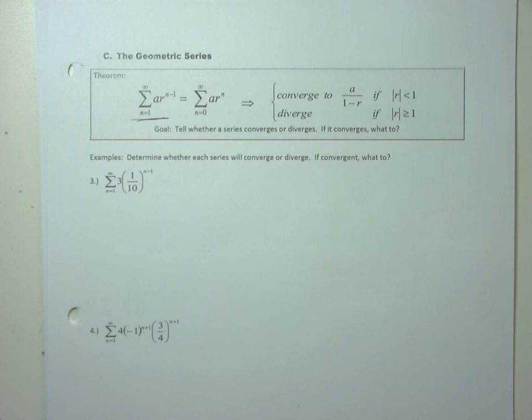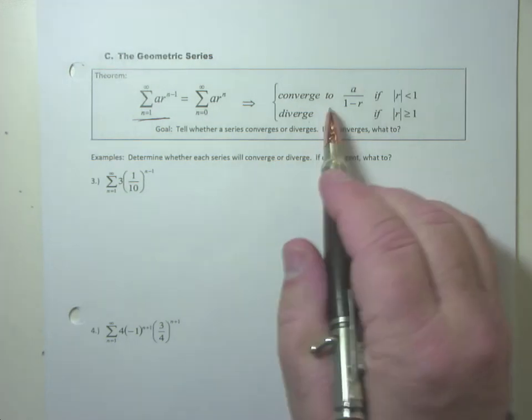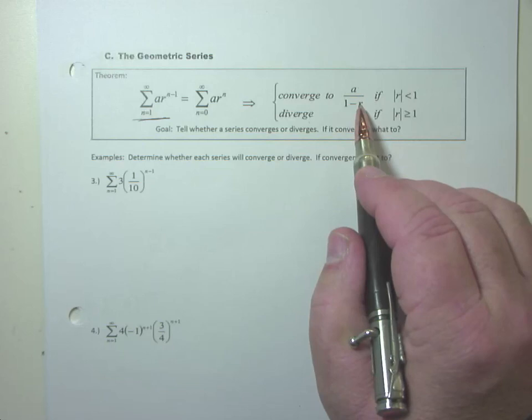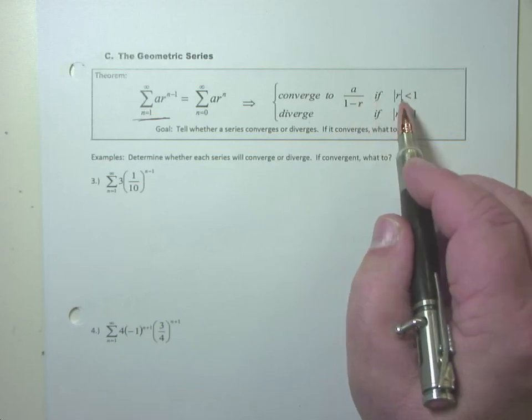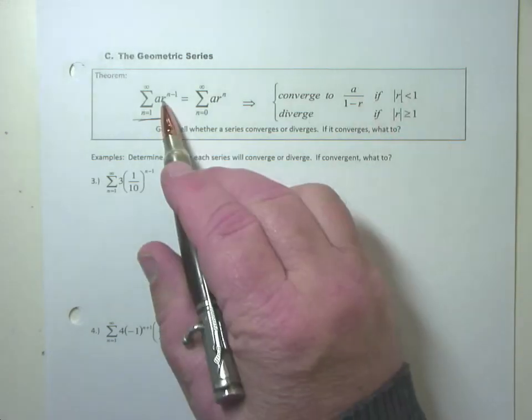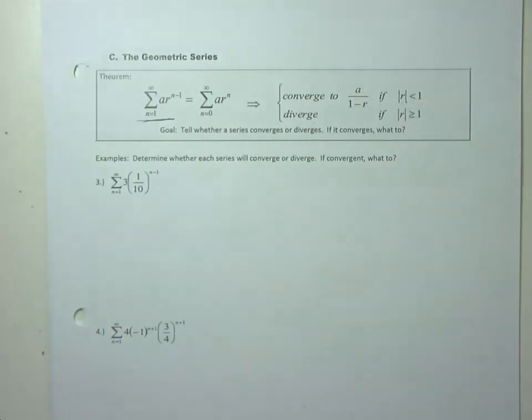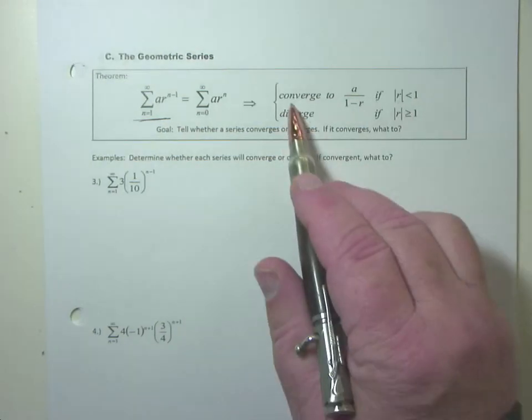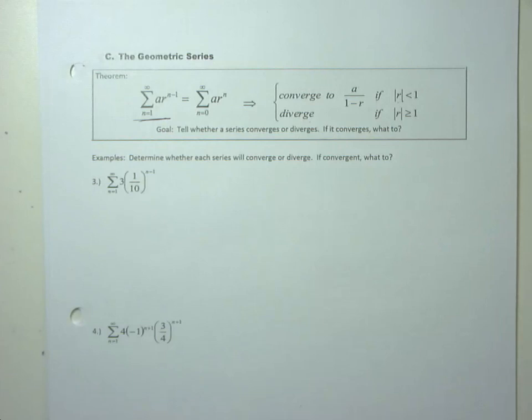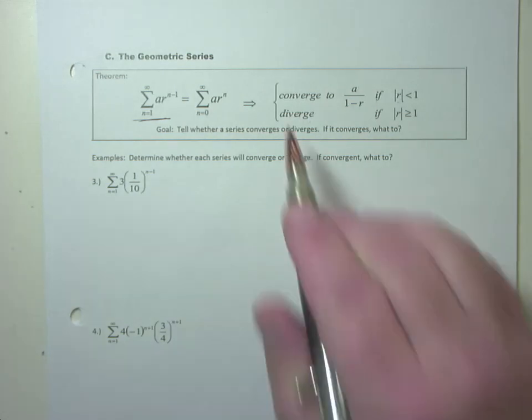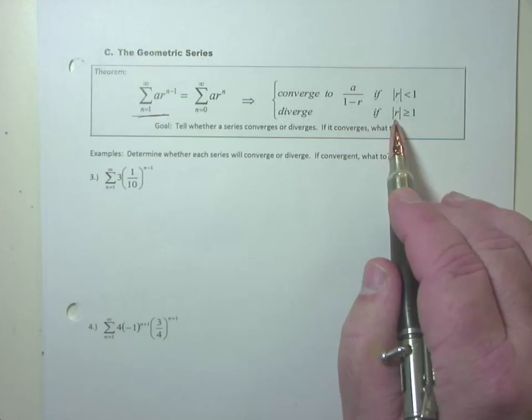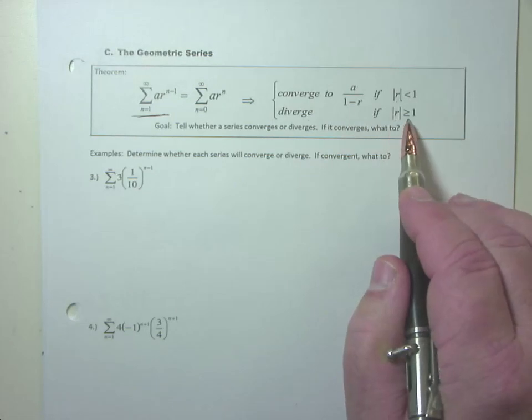It converges to the formula a over 1 minus r, provided the absolute value of that ratio r is less than 1. And the series is going to diverge. Diverge means it's going to either add up to infinity or add up to negative infinity, depending on the sign of it, if the absolute value of r is greater than or equal to 1.